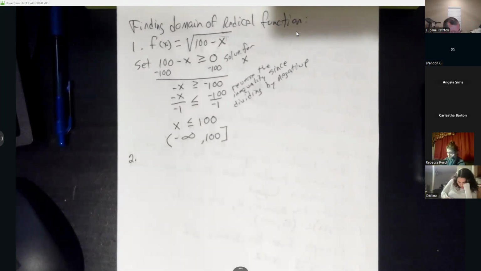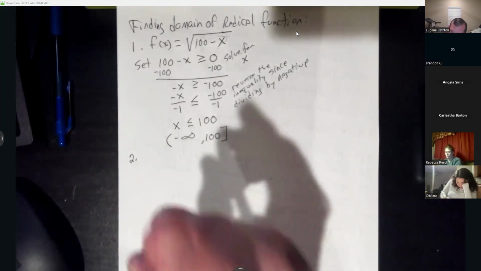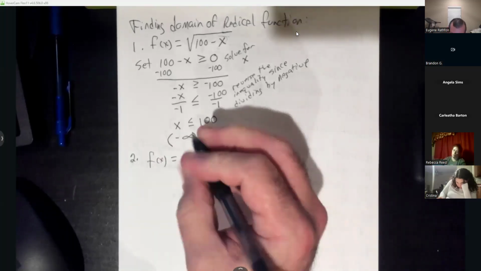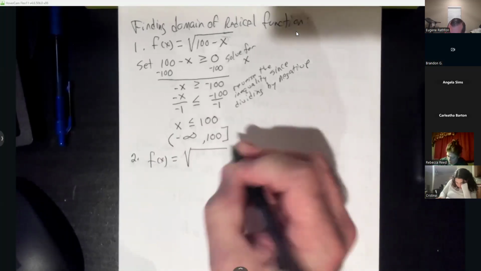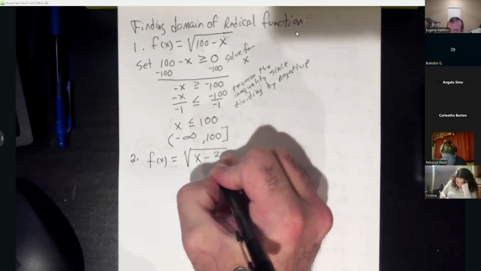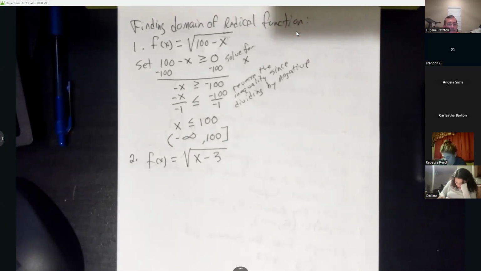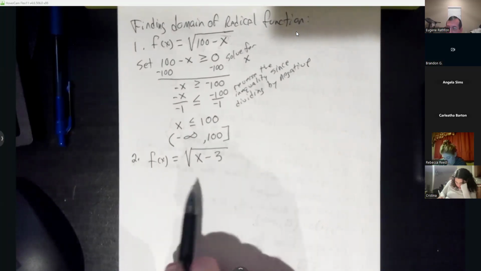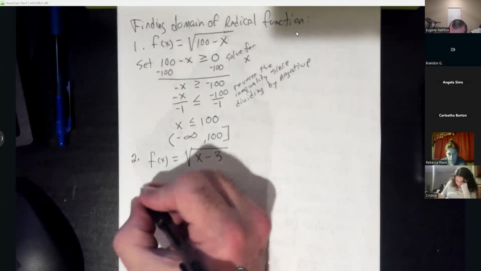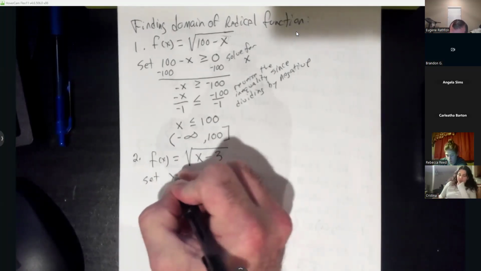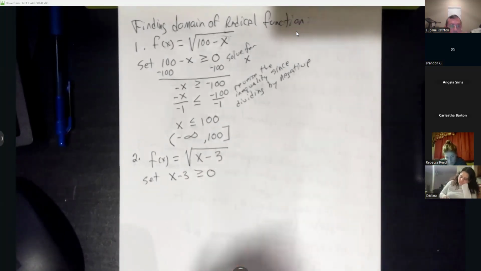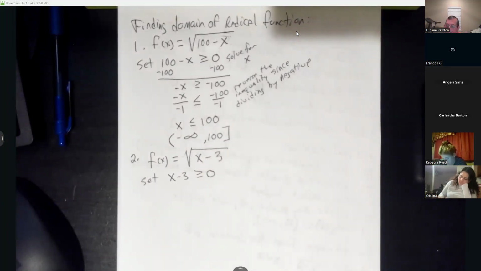All right, y'all, let me see what y'all do here. We're going to find the domain again. F of x equals square root x minus 3. All right, so x minus 3 is up under that radical, so I'm going to set x minus 3 has to be greater than or equal to 0.